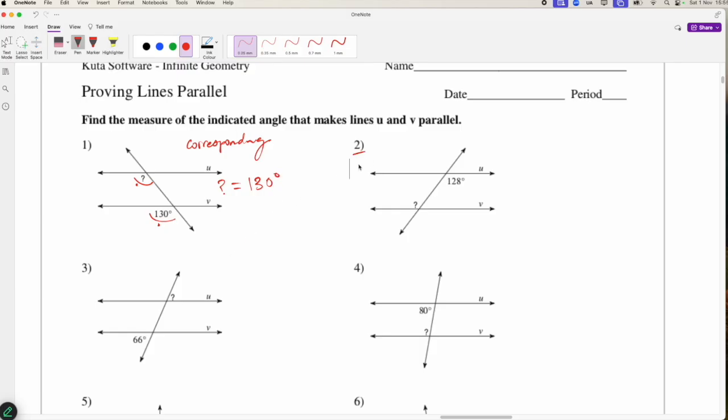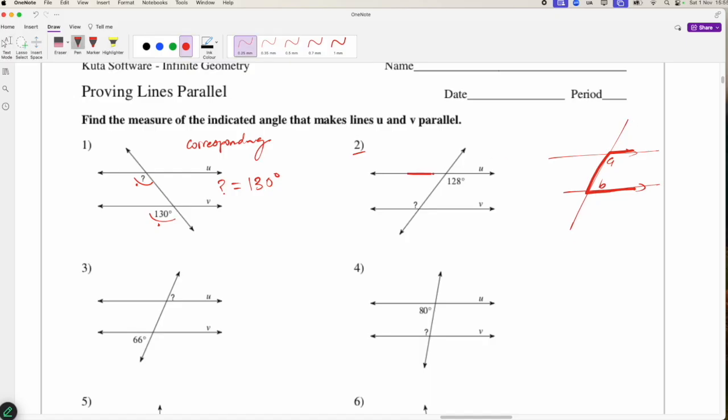Part 2. What kind of angles are those? Interior angles? Alternate, yes. Interior angles would be inside the rectangle, on the same side of the transversal, but these are on different sides.